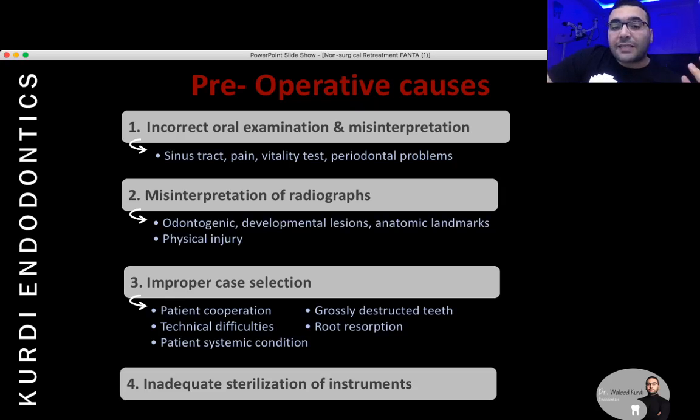Maybe improper case selection, where you treat a tooth that is unrestorable and just waste your time and the patient's time, and also inadequate sterilization of your instruments. So all these causes are preoperative.